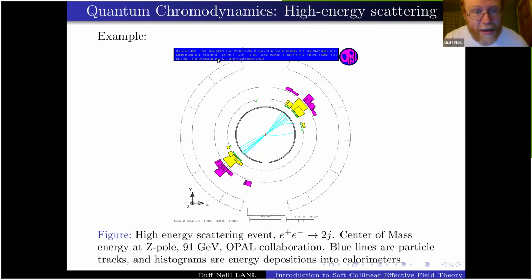The thrust, the aplanarity, the sphericity, and the oblateness all give you certain different characteristics of the width and geometrical shape of the final state. And you would like to be able to state for the experimentalist what was the cross-section that you should have expected to see for that particular value of each one of those parameters.